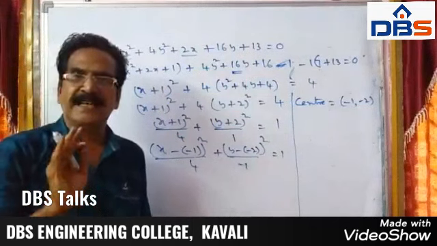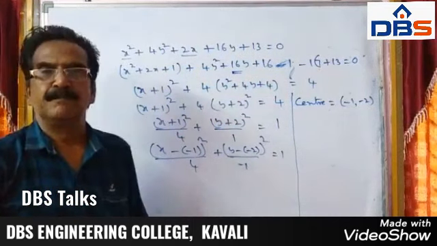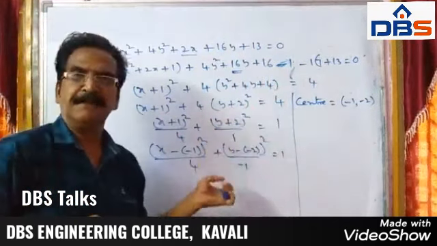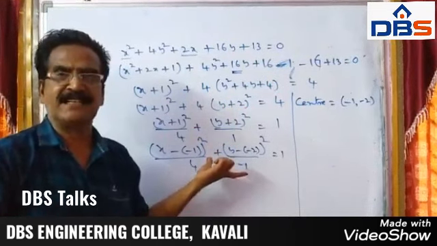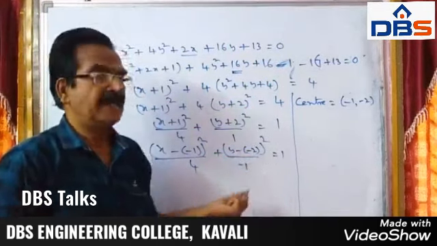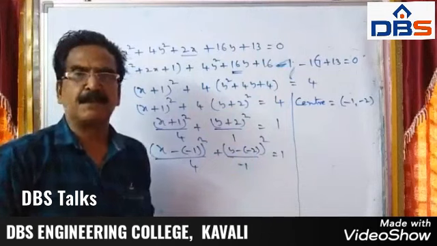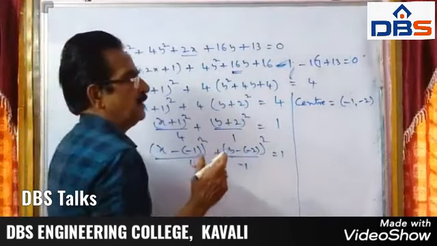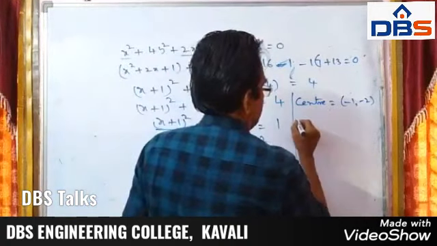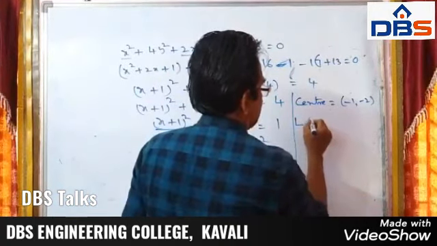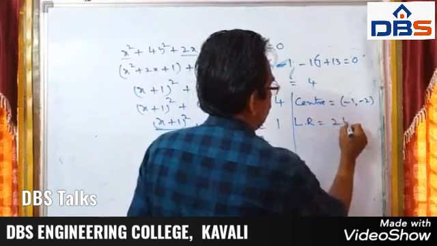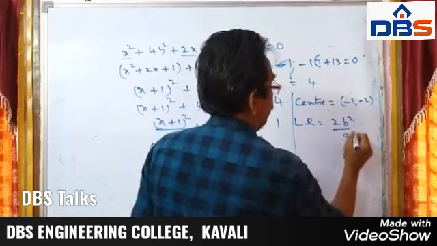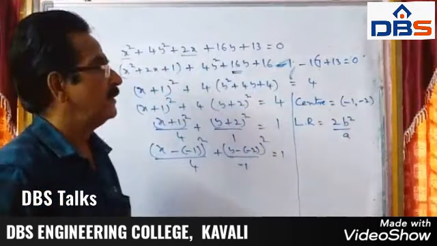And we have to find the length of the latus rectum. Other things we have seen in the previous problems, vertices, foci, and as done in the previous problem. Now we are finding the length of the latus rectum. What is the length of the latus rectum? Length of the latus rectum is equal to 2b square by a for a normal ellipse.